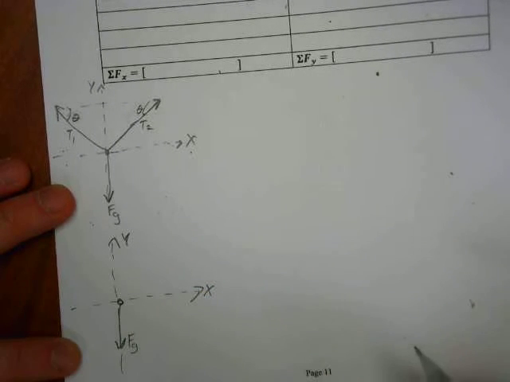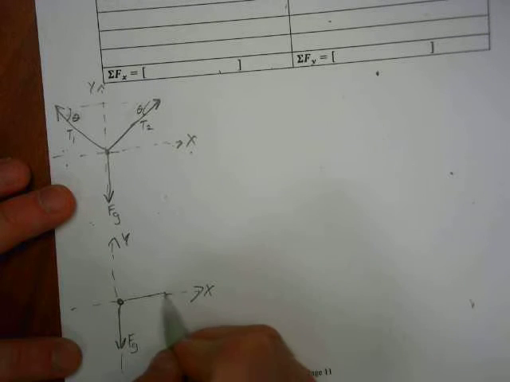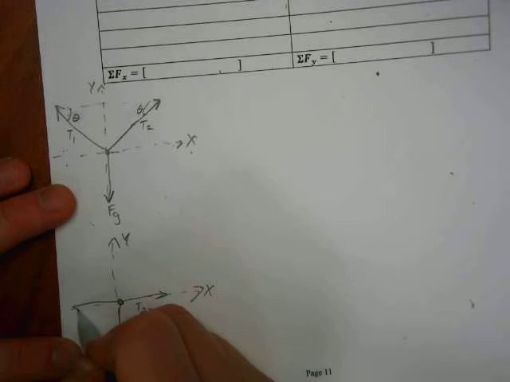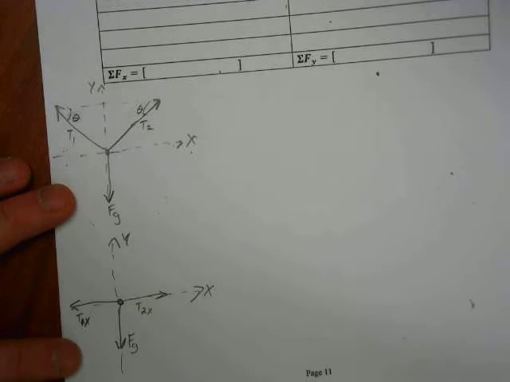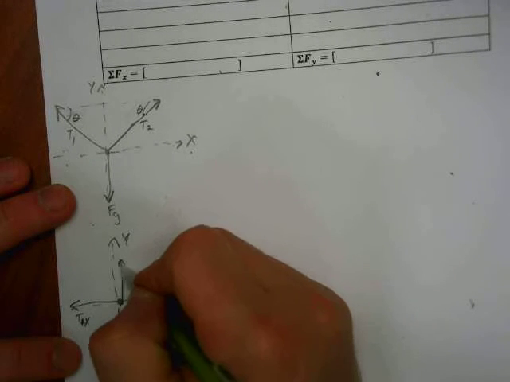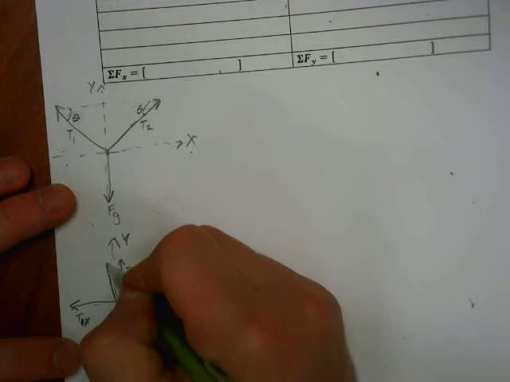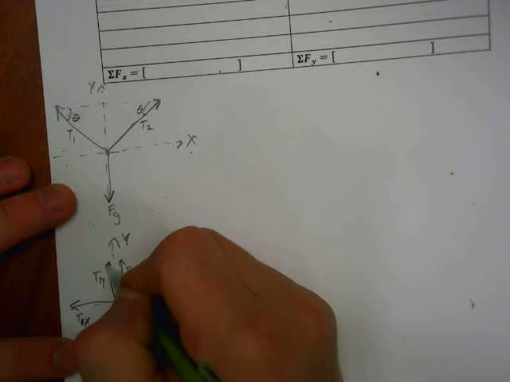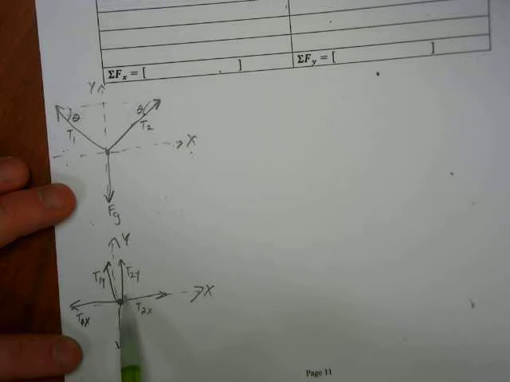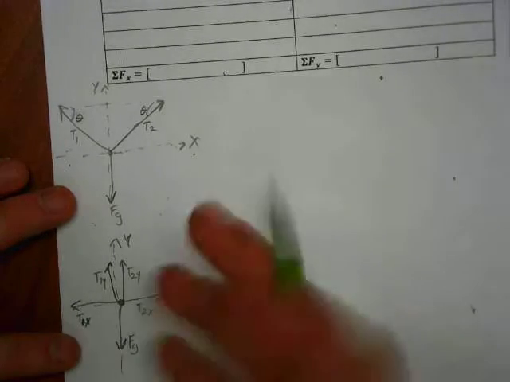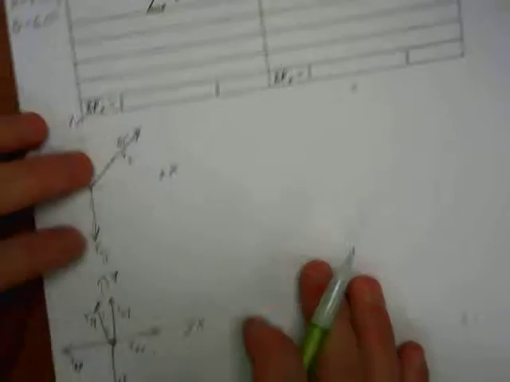Gravity working downward. This is T2x, T1x, and you're going to have T2y and T1y. Again, these are along the same path in the y direction. I just drew them separated like that so you can see them expanded.